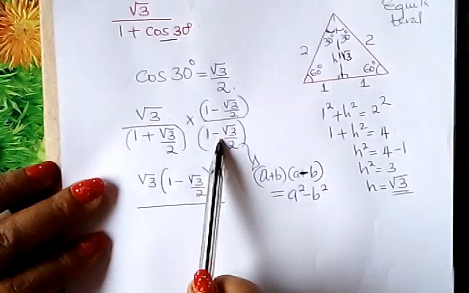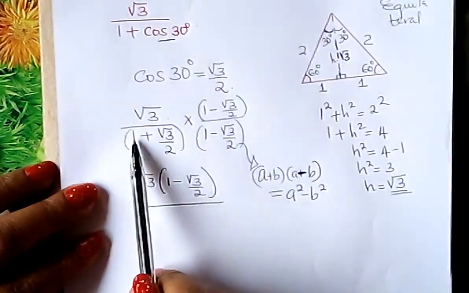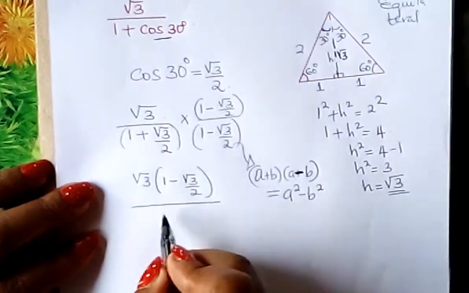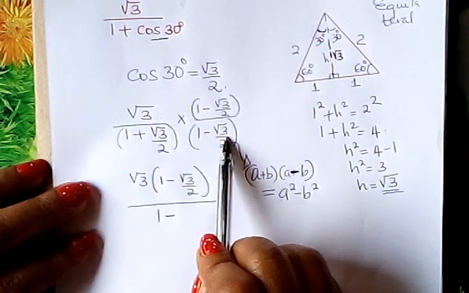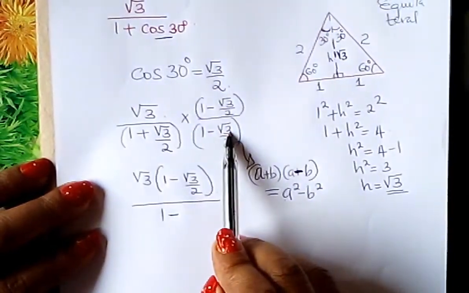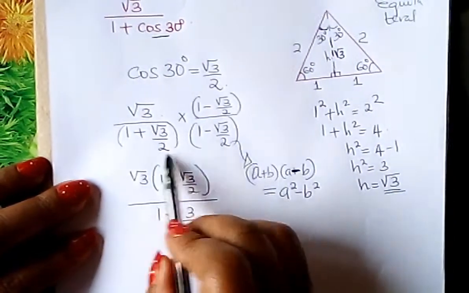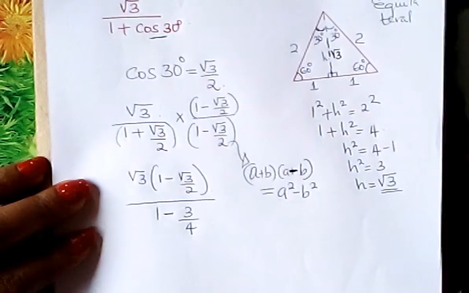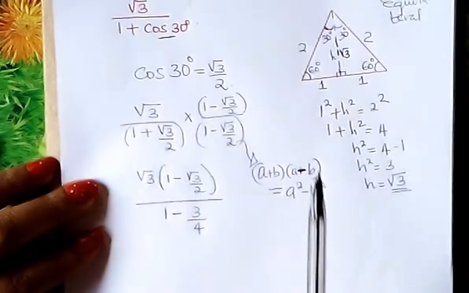So this is plus, this is minus, these look alike, these also look alike. So you just say 1 times 1 is 1, minus this times this, learner, is what? This times this will be root 3 times root 3 is root 9. Square root of 9 is 3, learner. Divided by what? 2 times 2 is 4. Look at that. So this times this is 1. This times this is 3 over 4.